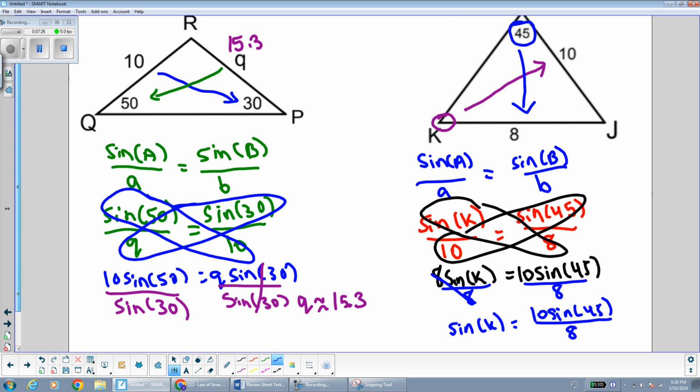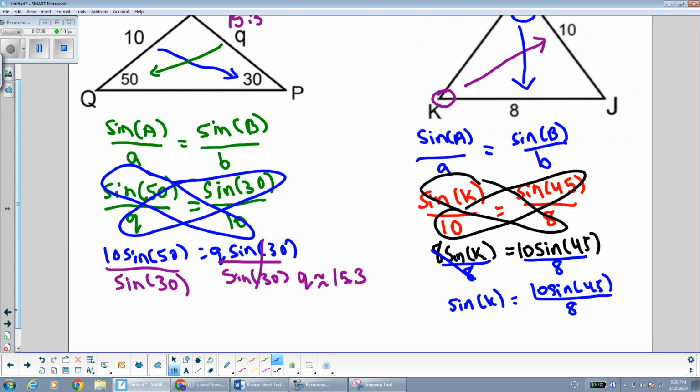We are ultimately solving for an angle here. So in order to undo the sine function, we do have to use inverse sine. So I'm going to take inverse sine of our sine ratio, which is 10 sine of 45 over 8. And that should give me approximately what the angle K is that made that ratio in the first place.